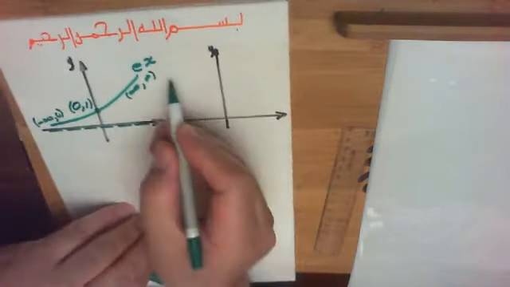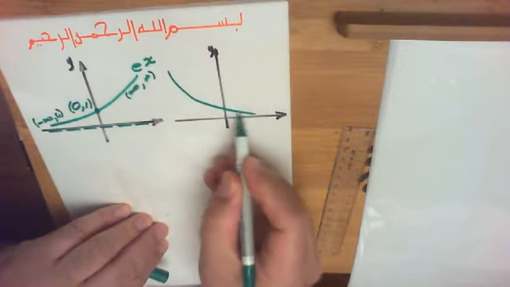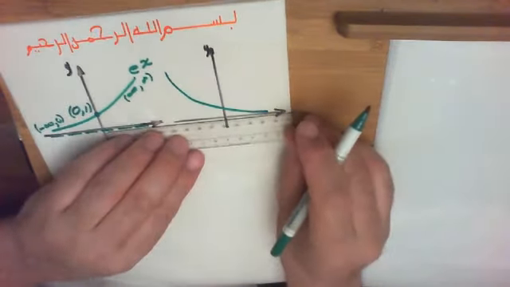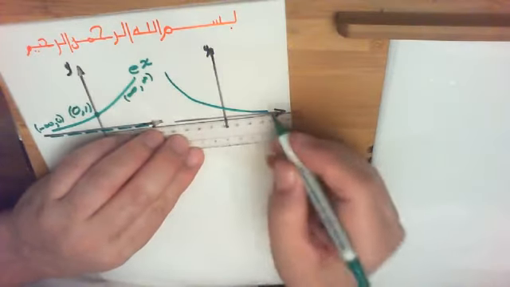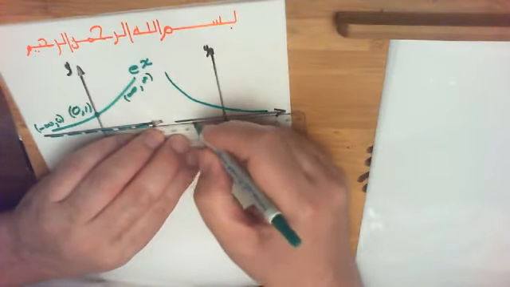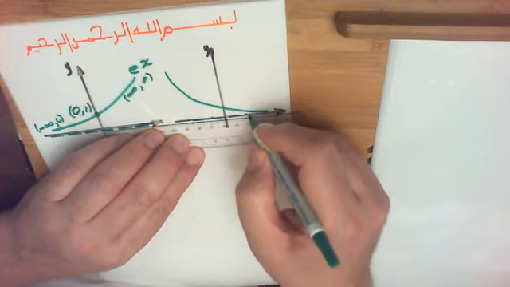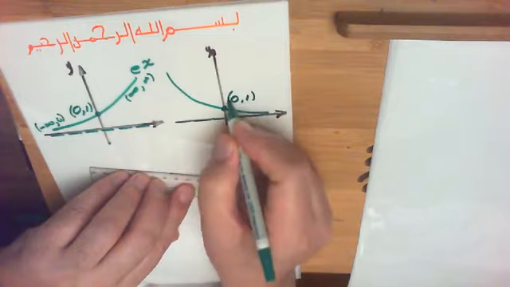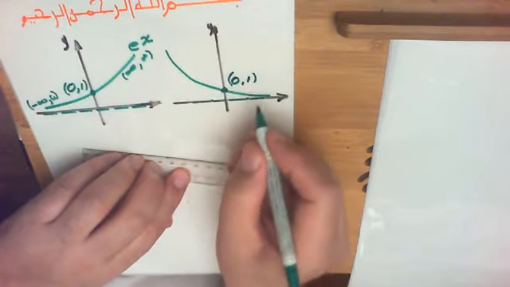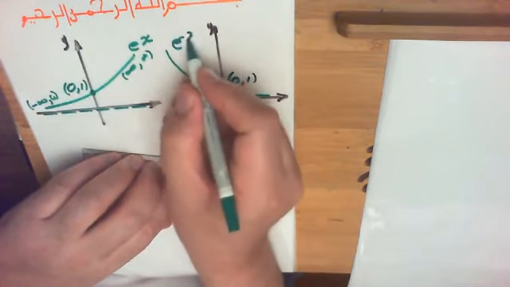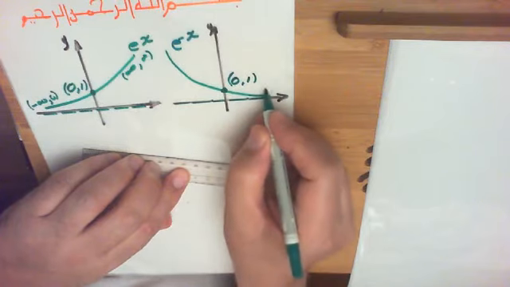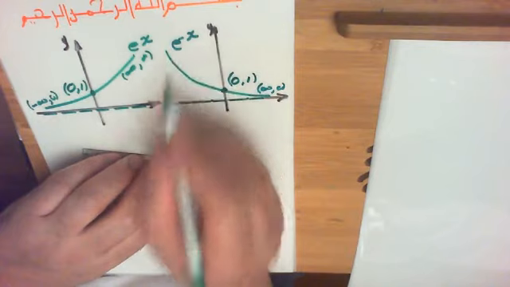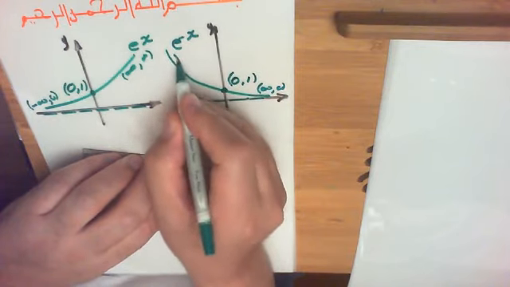E to minus x has such a graph. Still, the x-axis is a horizontal asymptote. This point is also (0, 1). As x goes to infinity, e to minus x goes to 0. As x goes to minus infinity, e to minus x goes to infinity.